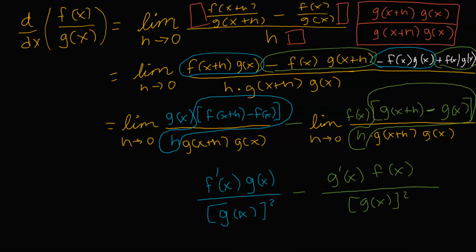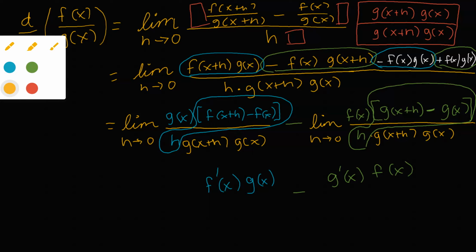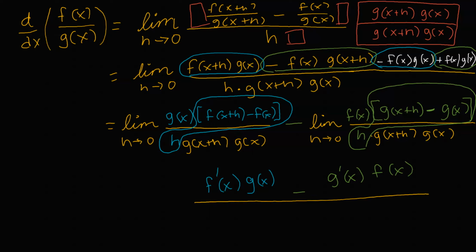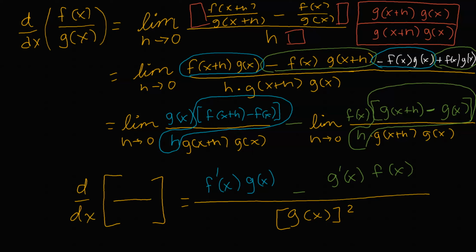Let's clean this up a little bit. Both of them have g of x squared, which is a common denominator. So I can just go ahead and write all over g of x squared. And that is the derivative of a quotient.